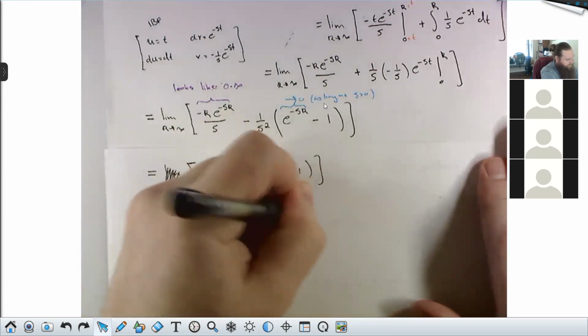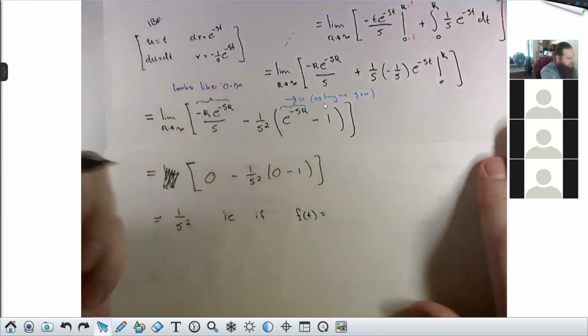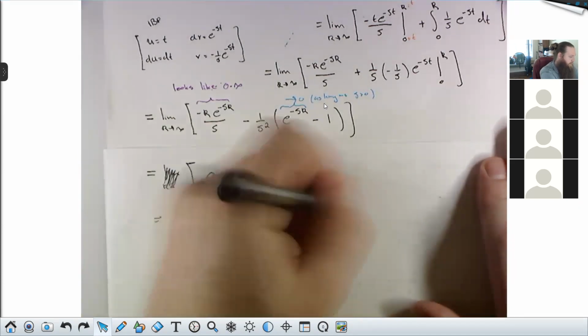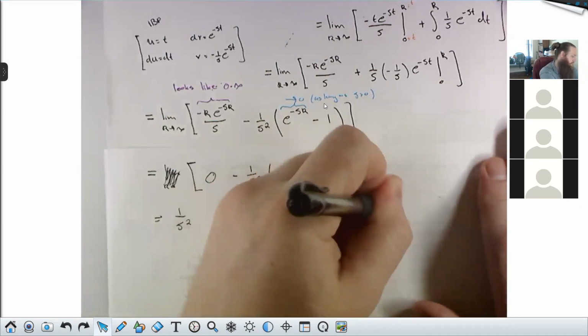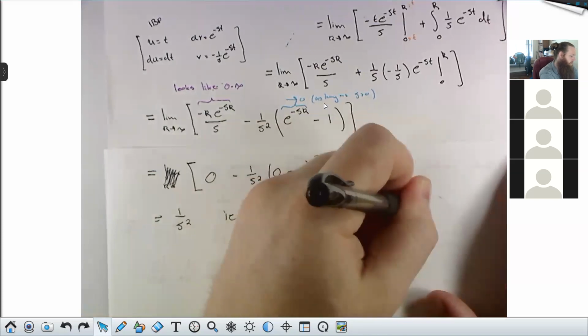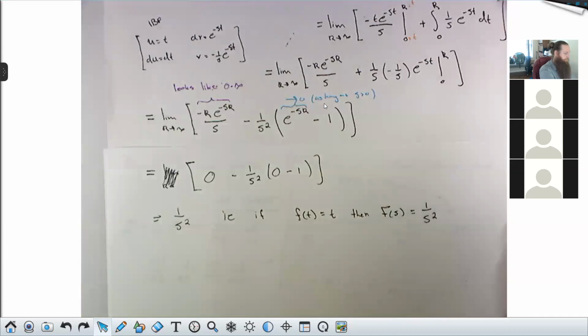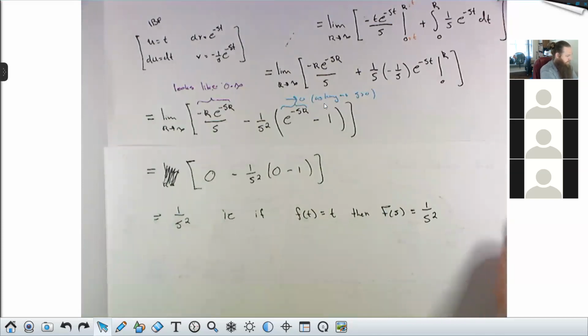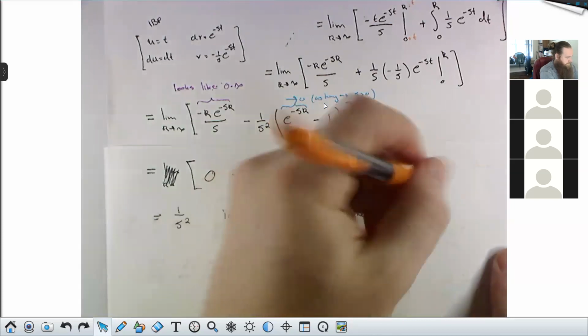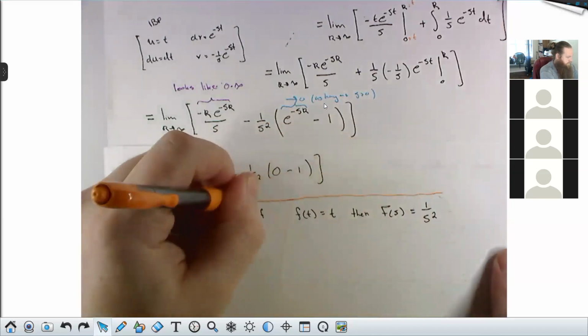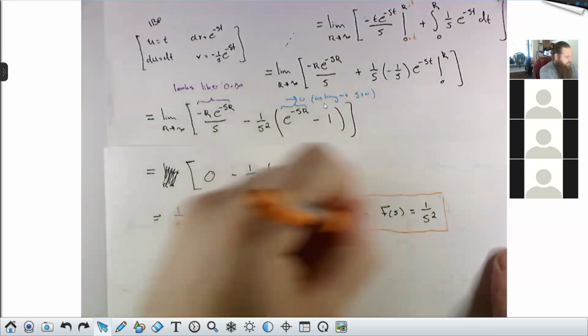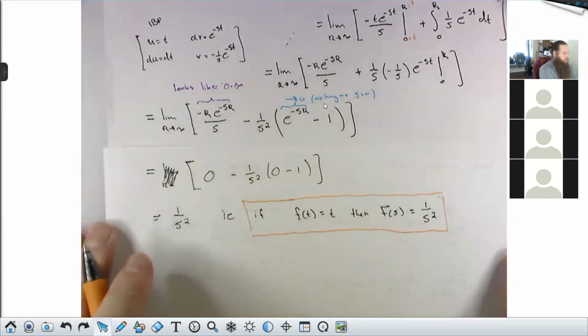If f of t is t itself, then capital F of s, the Laplace transform, is 1 over s squared. That is the Laplace transform of f of t equals t. You could write this as script L of t equals 1 over s squared also.